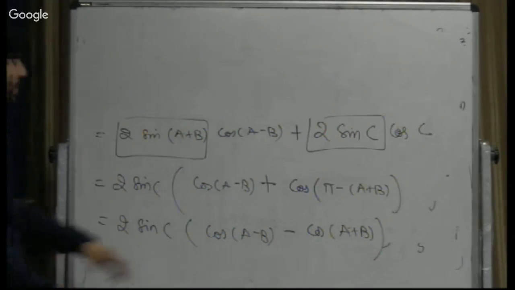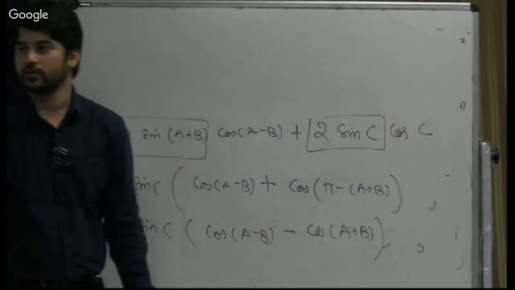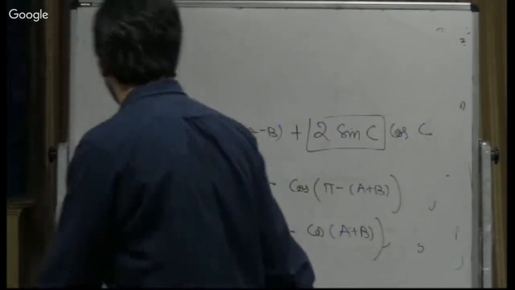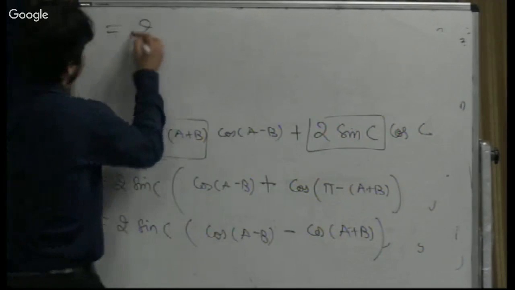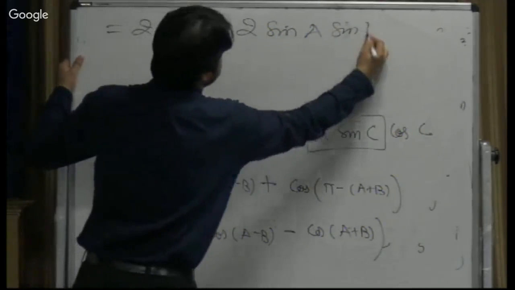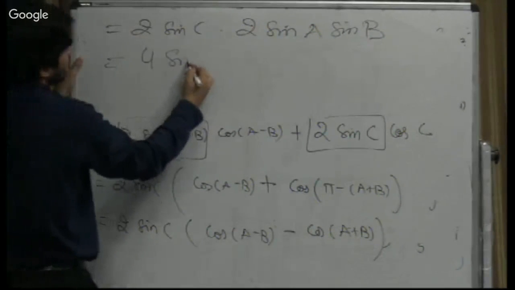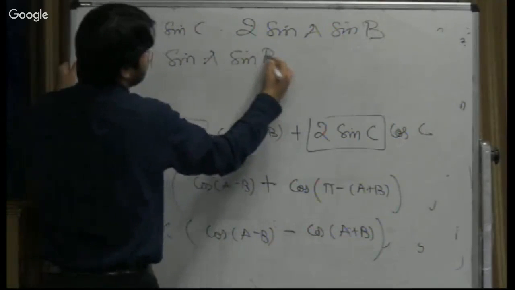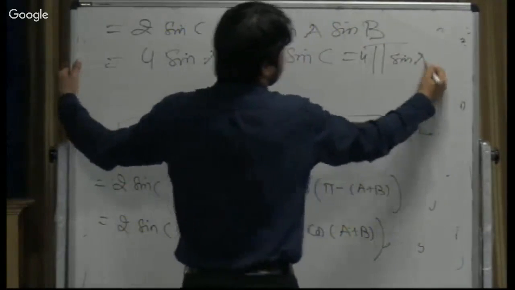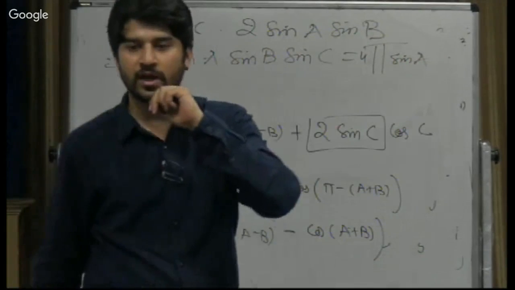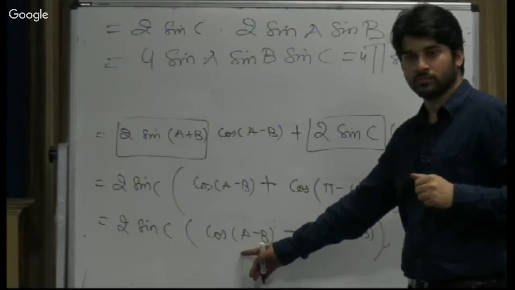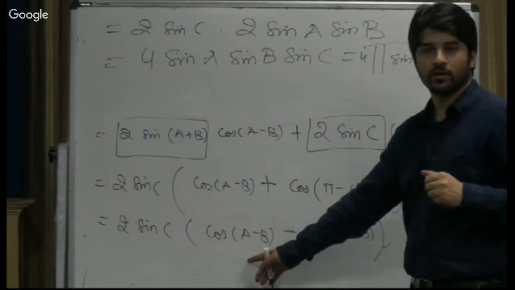Now what is cos A minus B minus cos A plus B? It is 2 sine A sine B. So it would be 2 sin C into 2 sin A sin B, which is actually equal to 4 sin A sin B sin C. Clear? Where did cos come from?